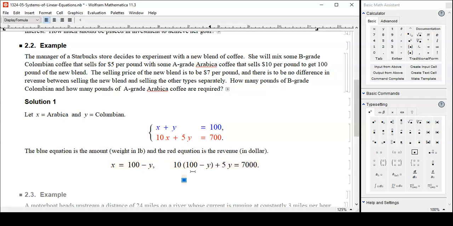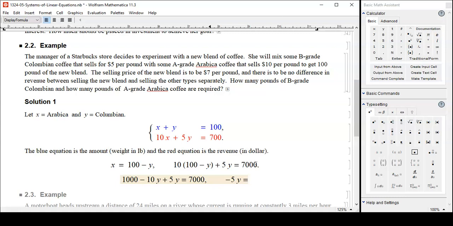Okay, let's solve it. 10 times 100, 1000, minus distributing 10, 10y, and then plus 5y was there before, and the right-hand side is 700.